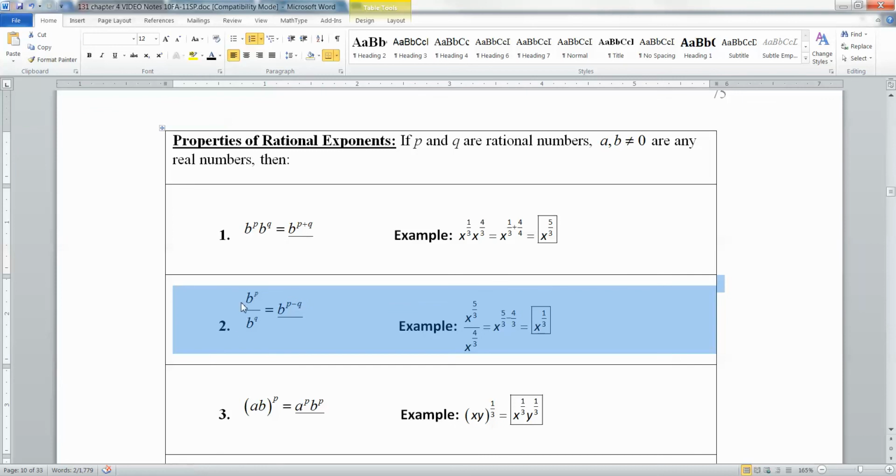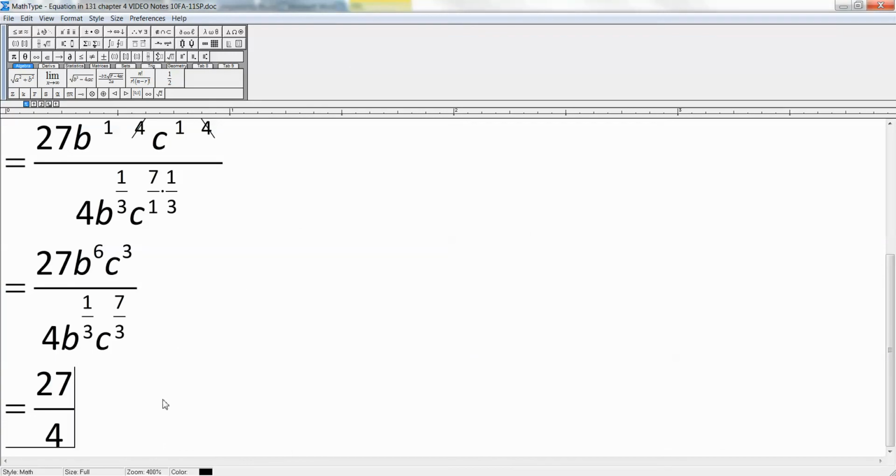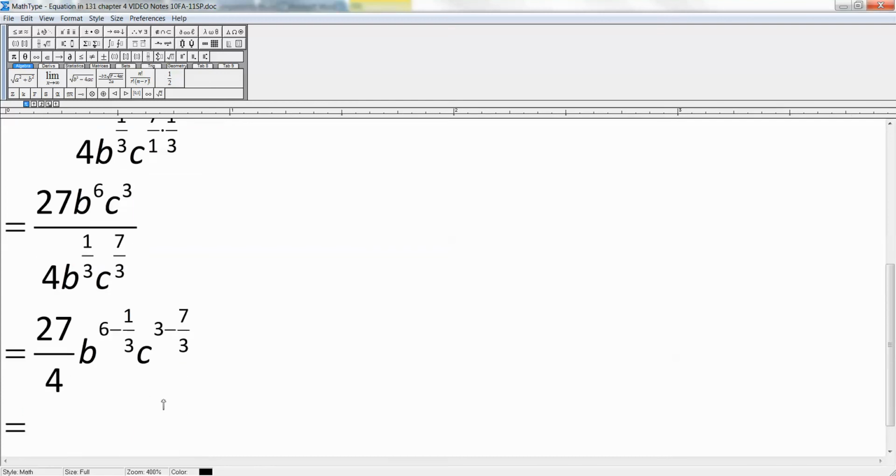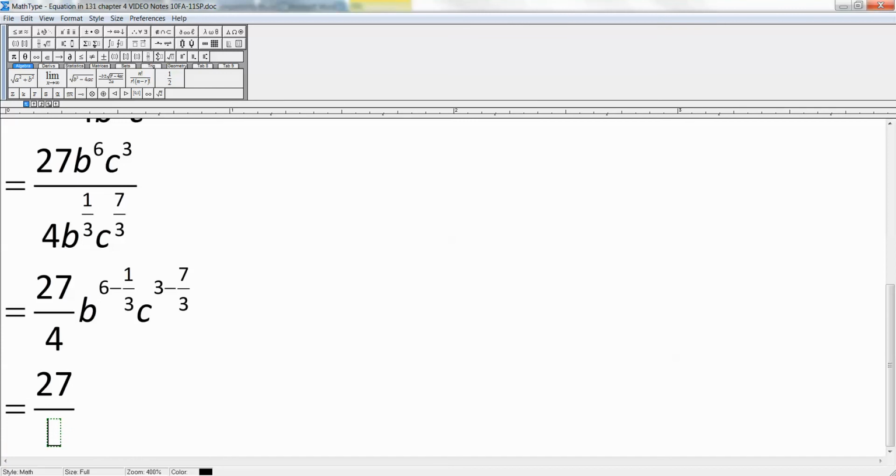Now property number 2, you can subtract. So I can say, okay, look, I want b to the 6 take away 1/3, and then c to the 3 take away 7/3. Now if you remember your adding and subtracting of fractions, you would times this by 3 over 3 so that you could get the same denominator.